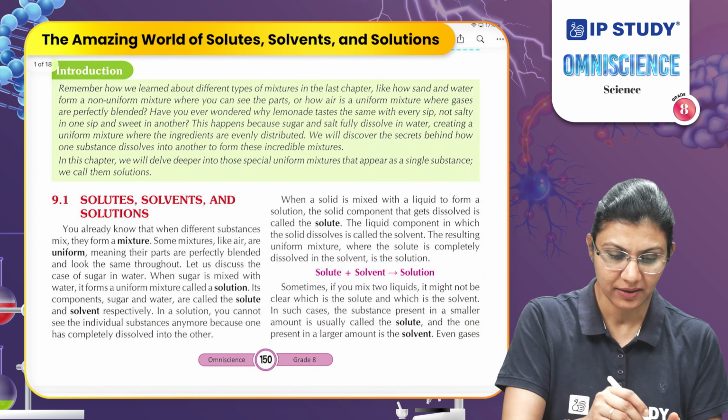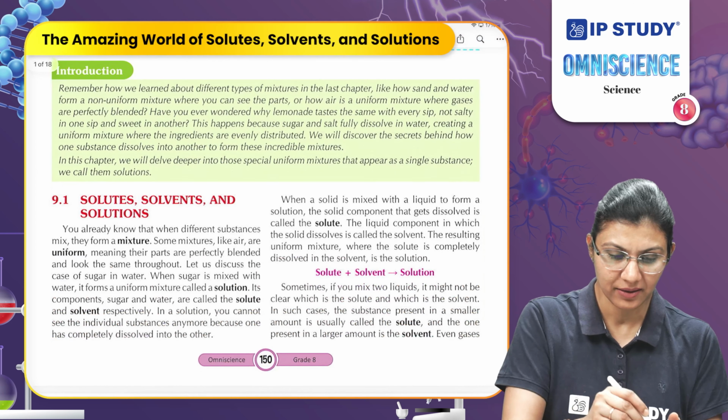Also we can dissolve salt, that salt is also solute. So sugar and salts can be dissolved in water or in any other liquids, like you can mix sugar in milk. So these are solutes, and the liquid in which we are dissolving sugar and salt, that is solvent, and after mixing this we are getting a mixture which is called the solution.